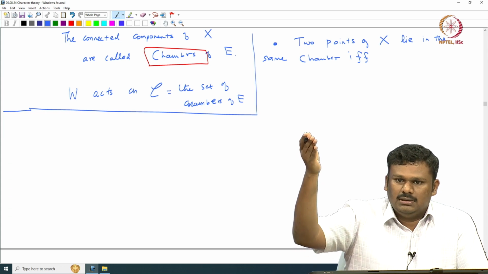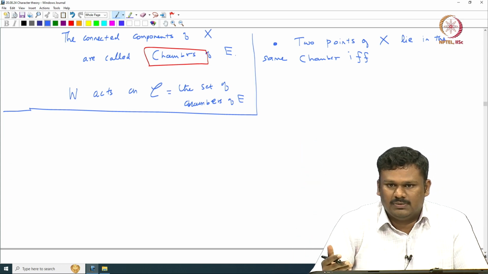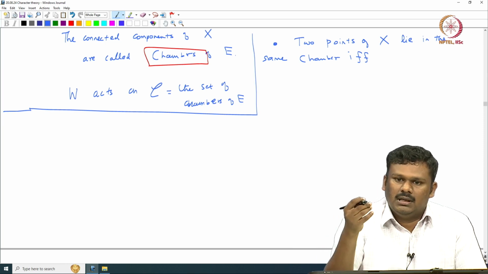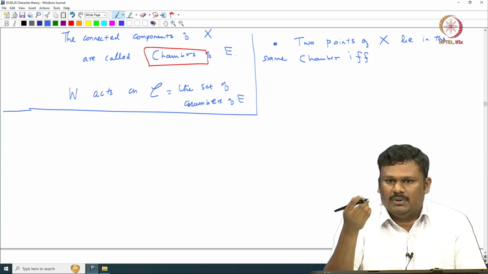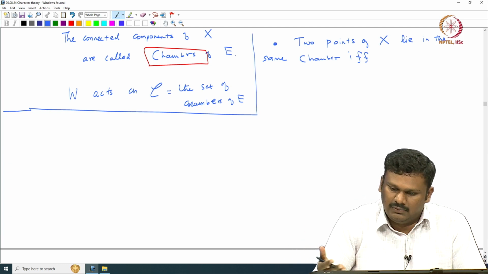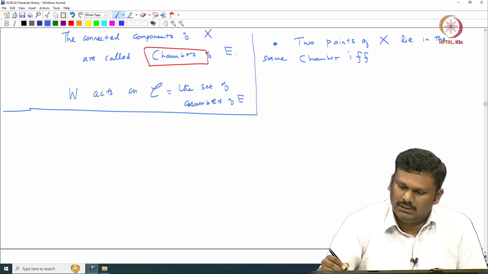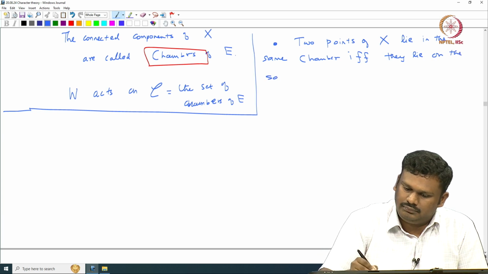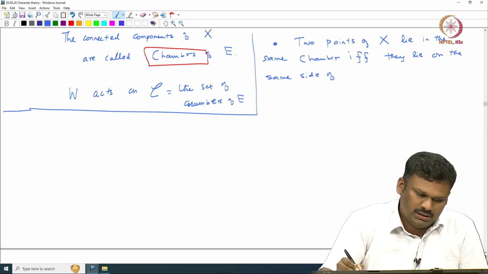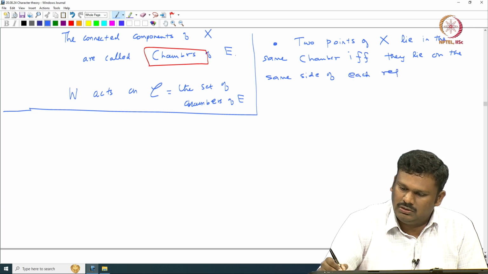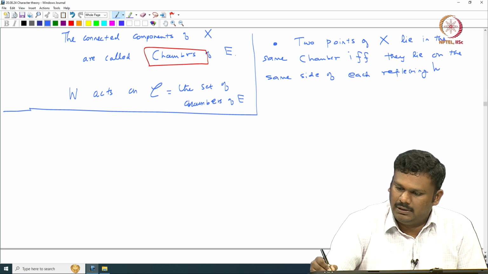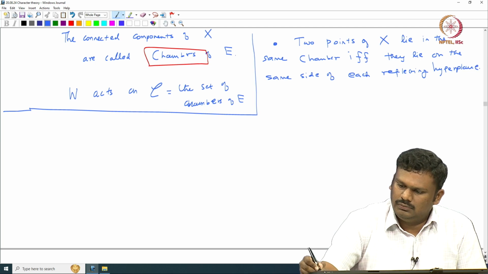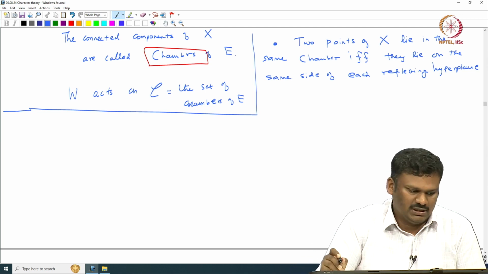You have removed that H_alpha from the Euclidean space, and if these two points lie in one of the chambers, then they must lie on the same side of the hyperplane, there is no other option. It is very clear from the geometry that these points lie on the same side of each reflecting hyperplane. This is a very simple observation.